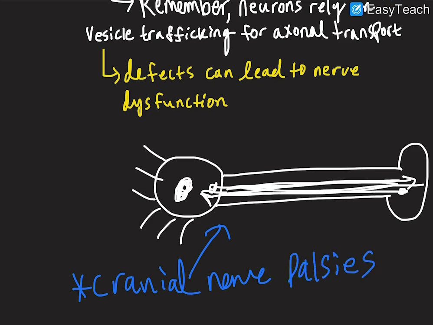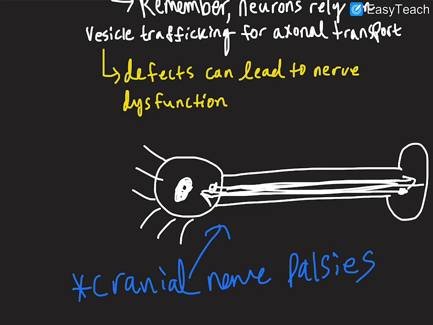So you may see peripheral neuropathy because you can't transport vesicles properly along the axon in peripheral nerves. You may see cranial nerve palsies if you can't transport vesicles across axons properly due to microtubule dysfunction.